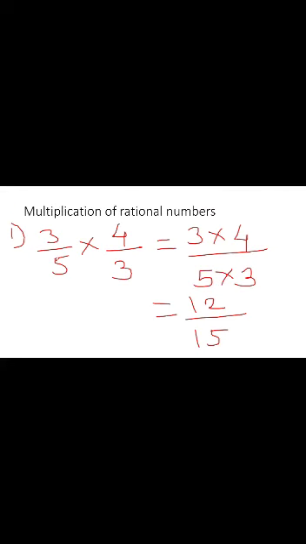Okay. Now the next topic is the division of rational numbers. Students, here you need to keep one thing in mind. Suppose we take the example from the practice set.